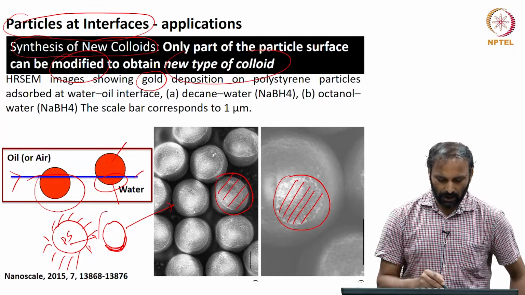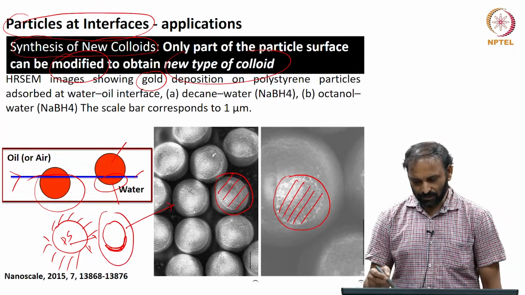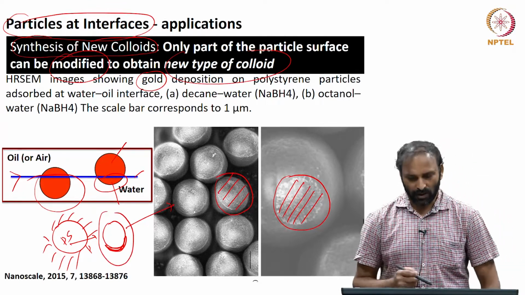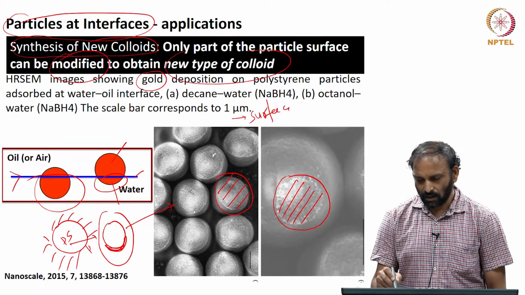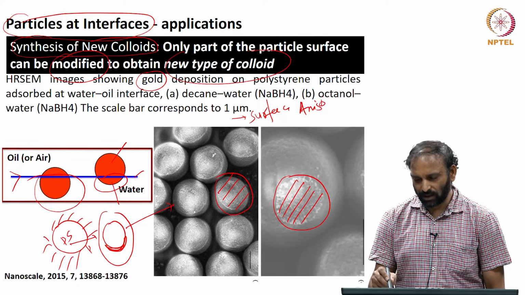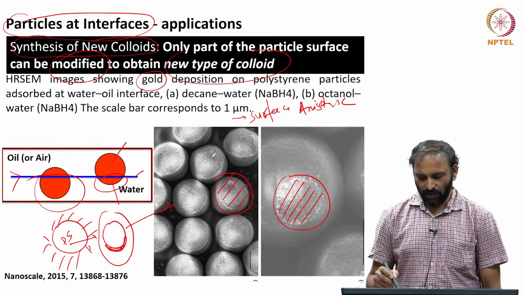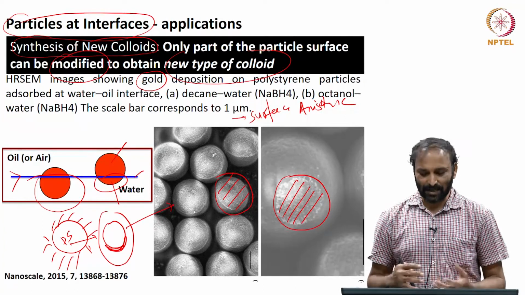and such particles which have part of the surface coated with gold are examples of what are called surface anisotropic particles, because the bulk of the particle is exactly the same.